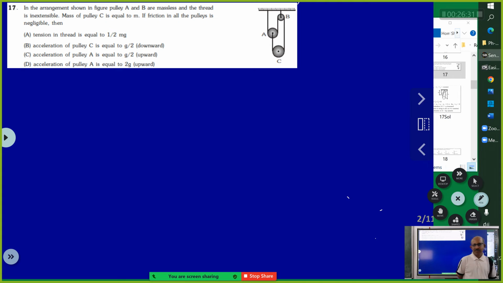Massless pulleys are easier to manipulate, sir. So we will make it into a massless pulley with an attached mass. Okay, do it. You can do it, not an issue.